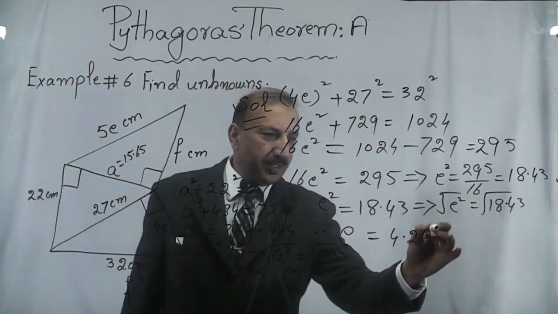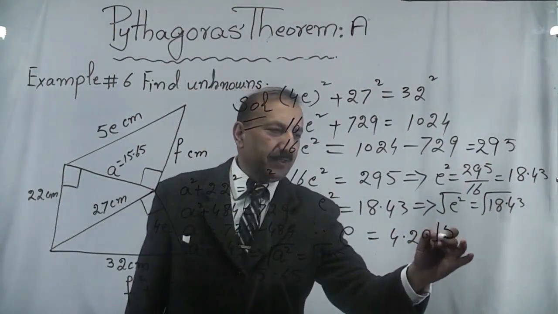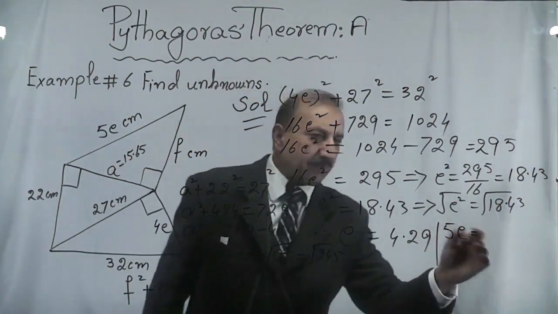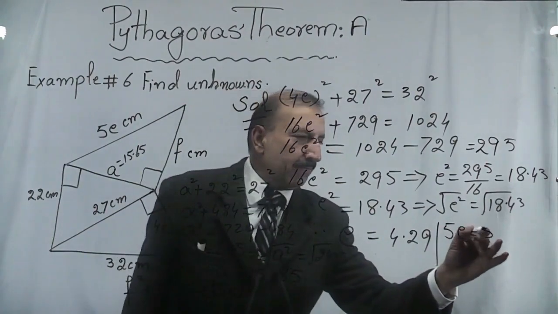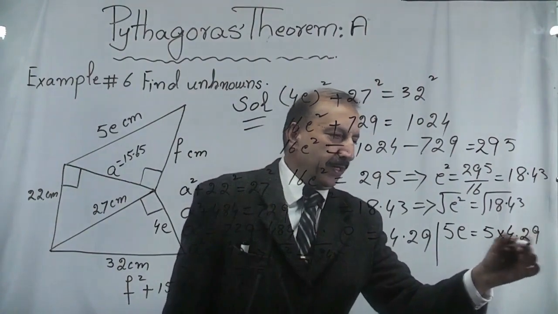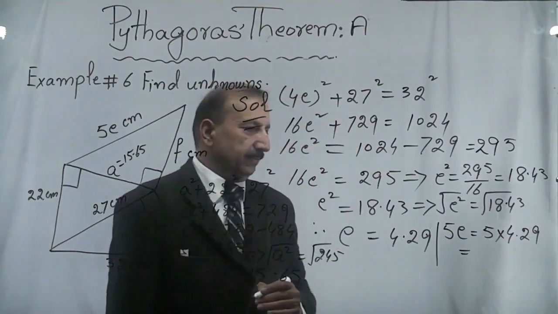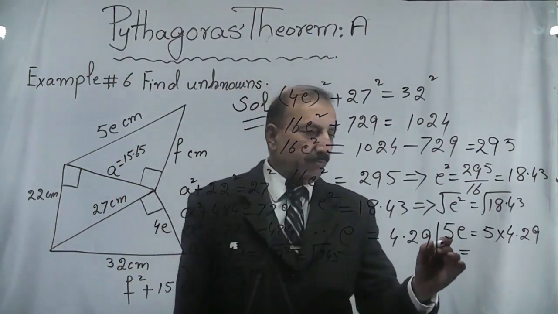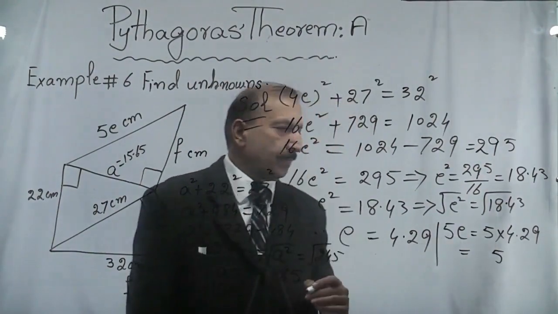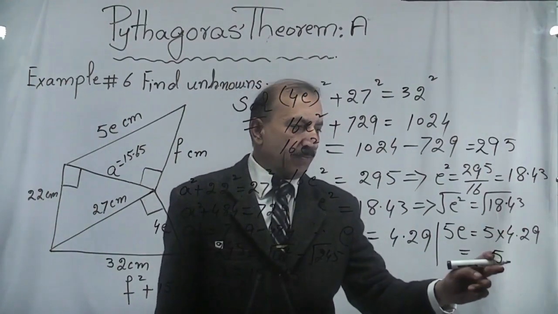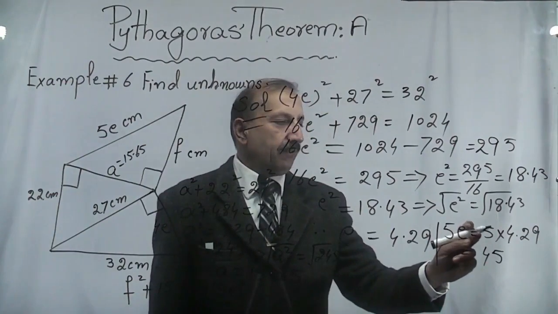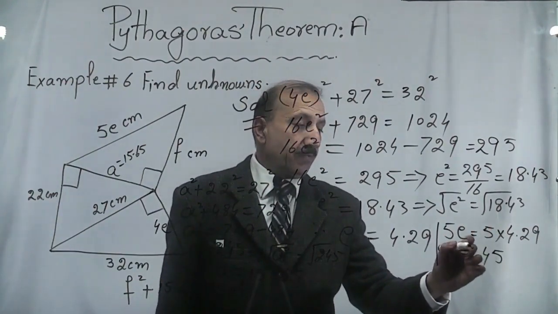If we could work here for this condition that we have 5e, which is the side of this triangle, let's work here. 5 we need to multiply with 4.29, and when we multiply, the value of the 5e side would be: 5 times 9 is 45, carry 4, 5 times 2 is 10, plus 4 is 14, carry 1, and 5 times 4 is 20, and this is 21 here.